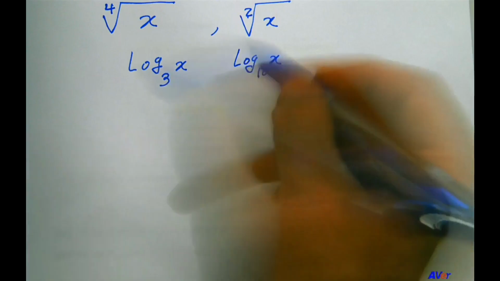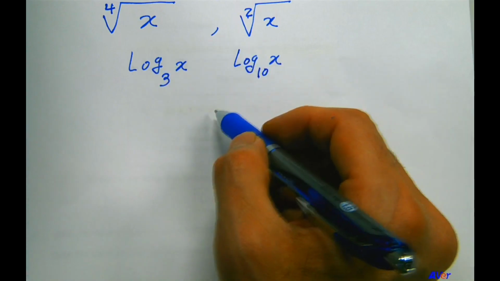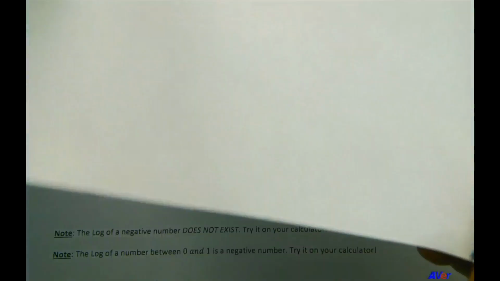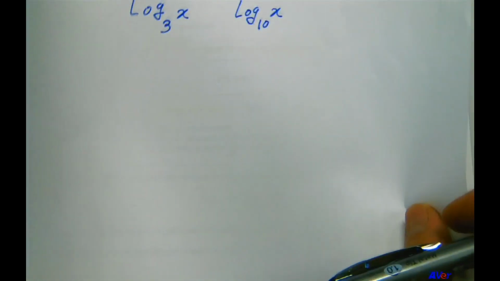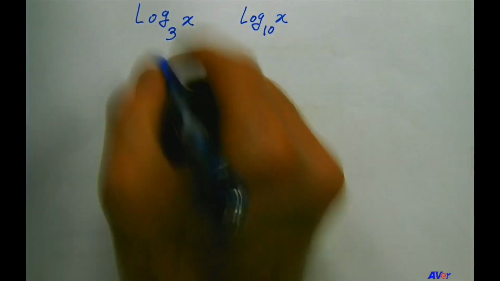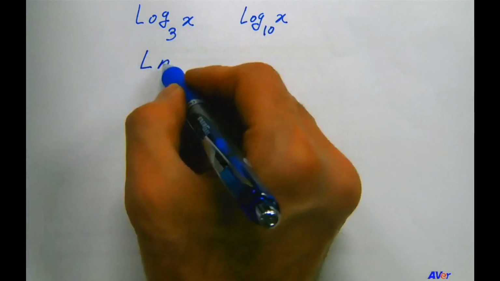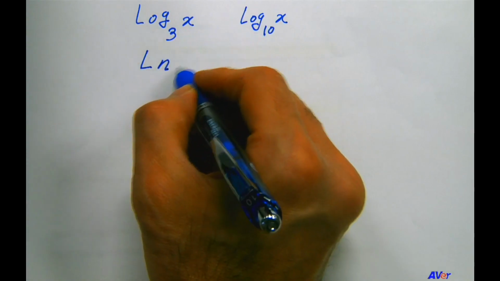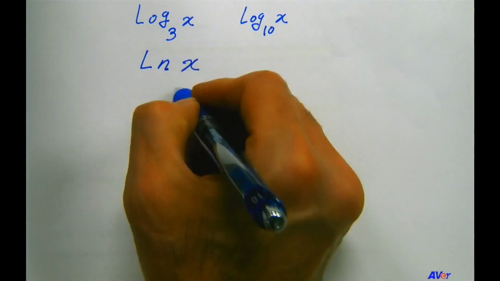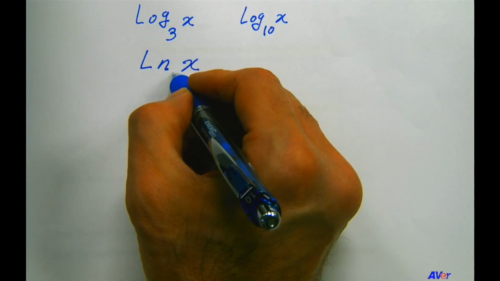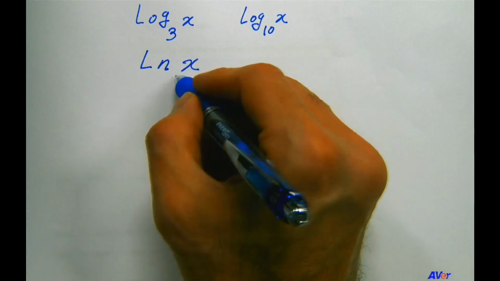Later on in this section, in a couple of minutes, we will get to another notation, which is natural log. If you have natural log of x, by definition, it means that the base is e.